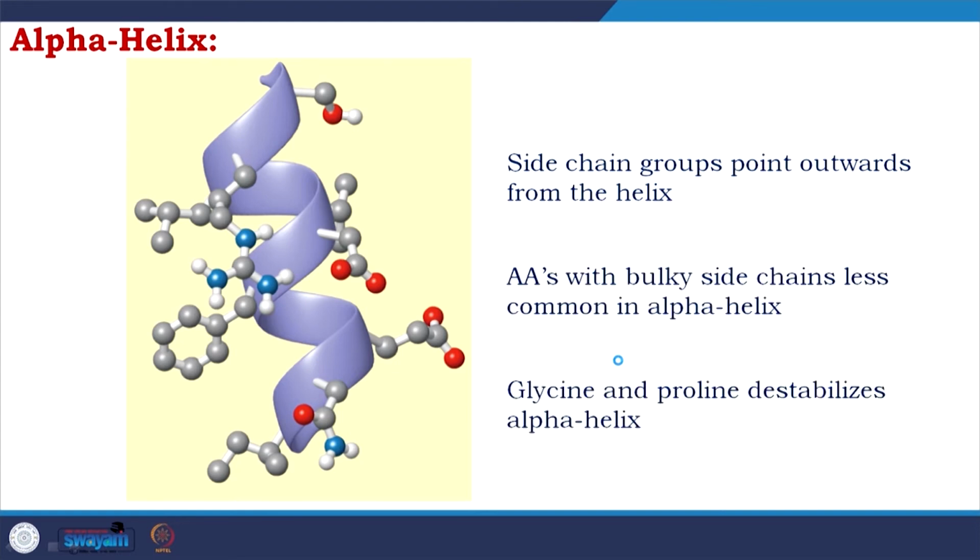Glycine and proline destabilize the alpha helix. This I talked about yesterday, last class. Glycine being very small brings flexibility, and proline, if you remember the locking, forces a turn.